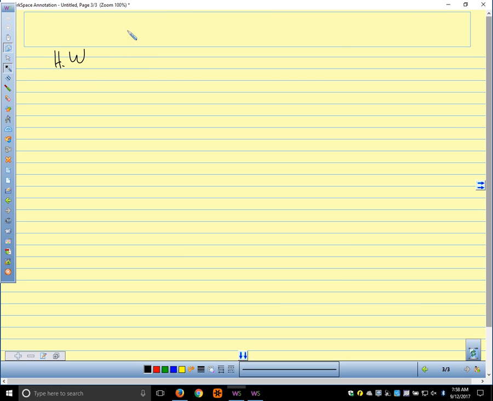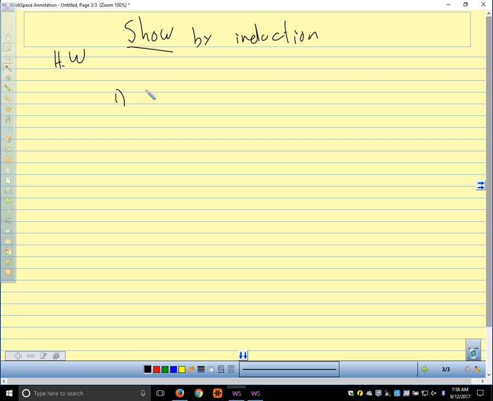We want to show, for both of these, by induction: 1, 1 plus 3 plus 5 plus dot dot dot plus 2n minus 1 equals n squared for n greater than or equal to 1. So the sum of odd integers is n squared.